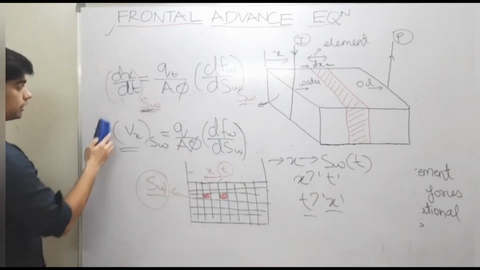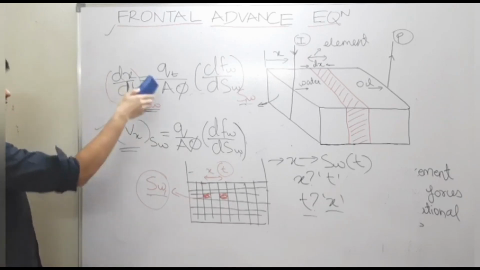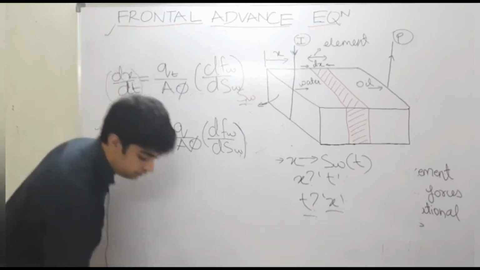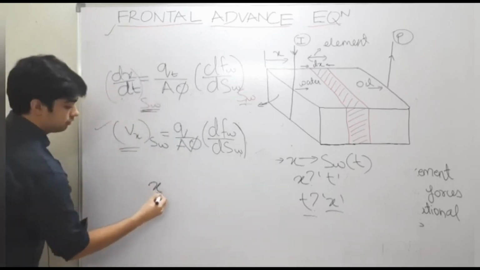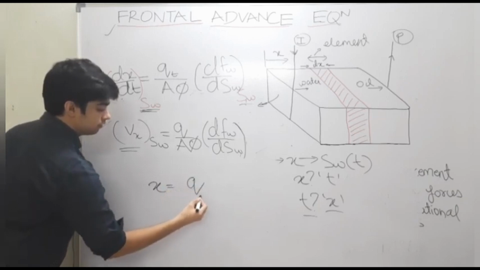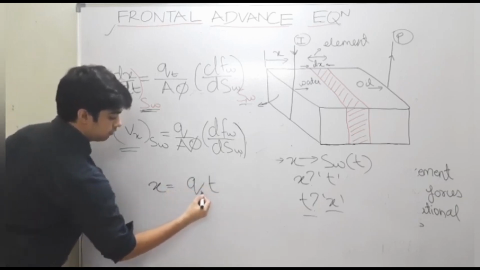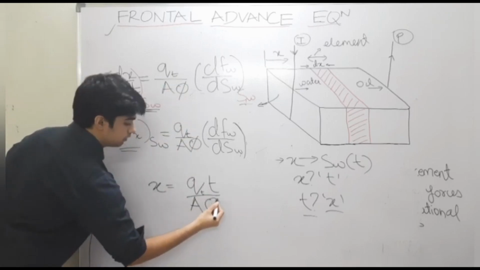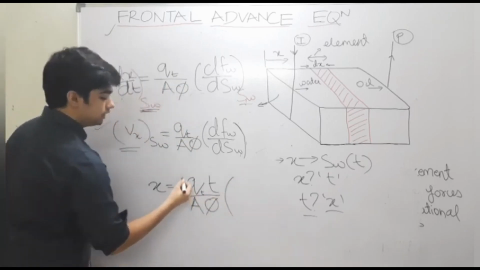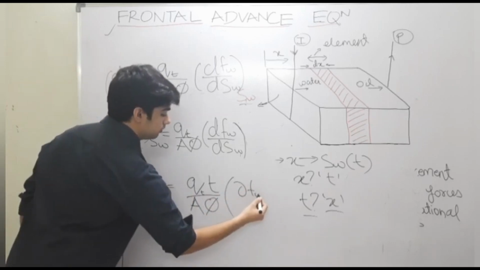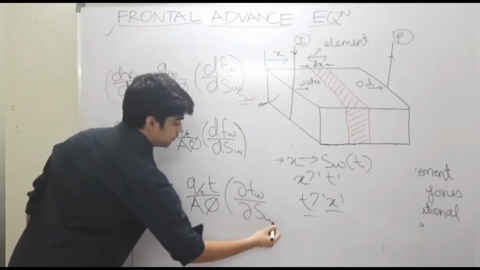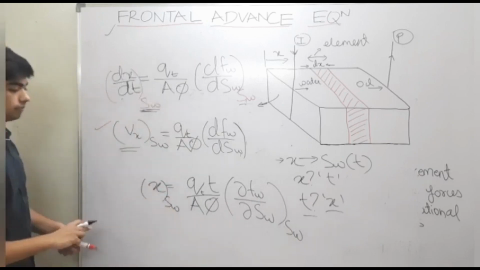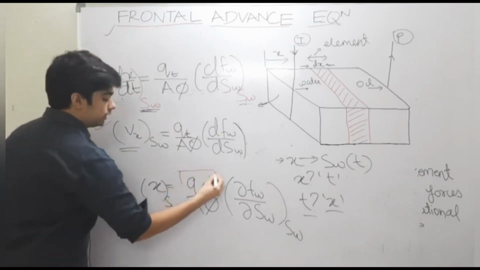And once you take out dt and integrate both sides, t will add up here, and basically they will give volume. So Q into T can also be written as volume.